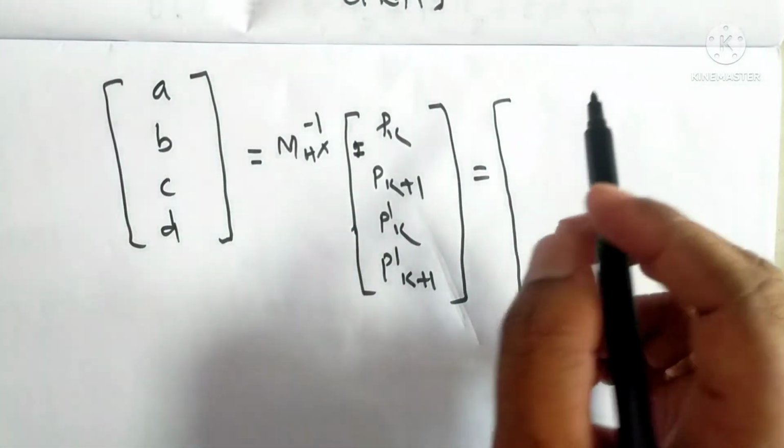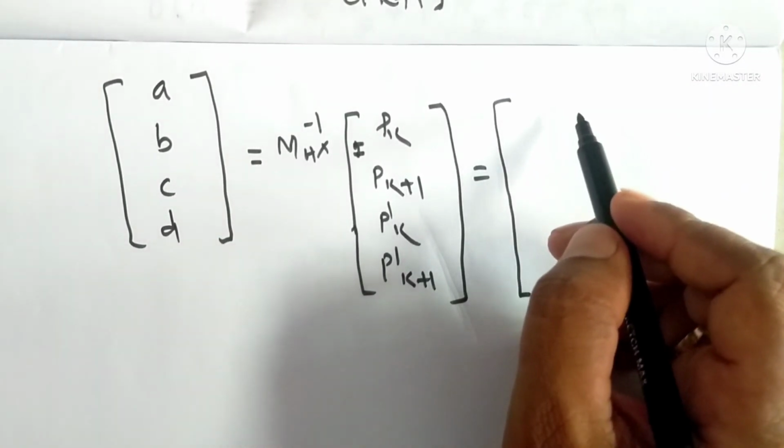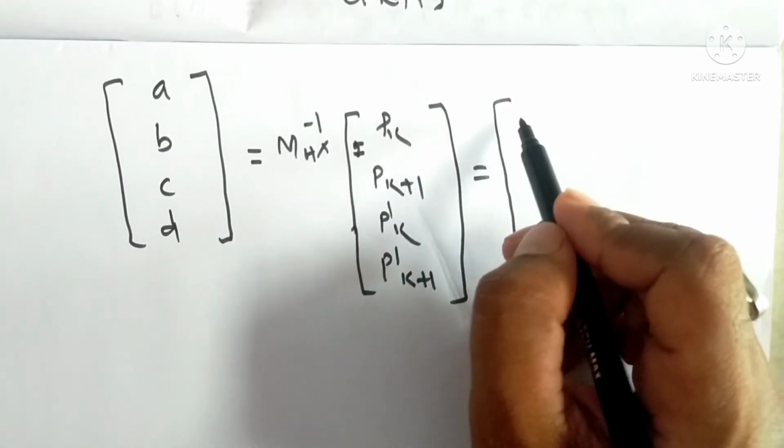You can find it by simply finding the inverse of the matrix, that is known to you, you can easily do it.